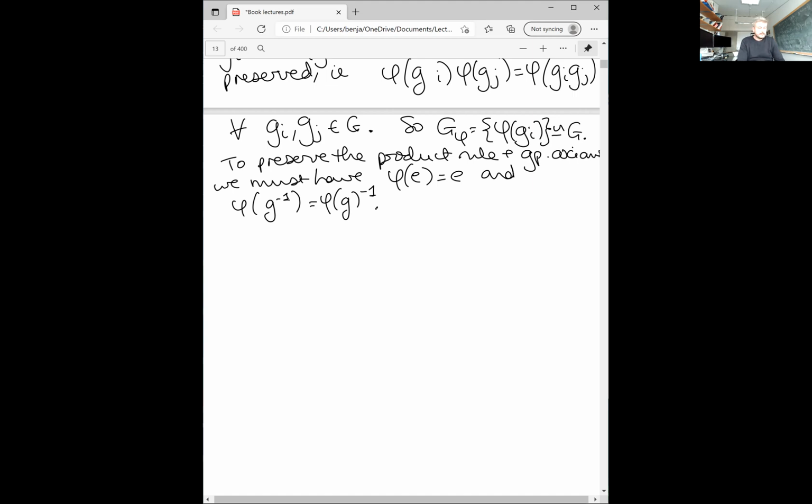So for some fixed elements of the group, you can define an inner automorphism.